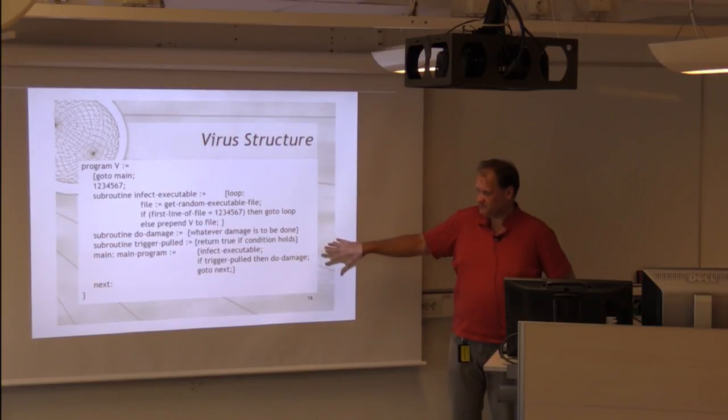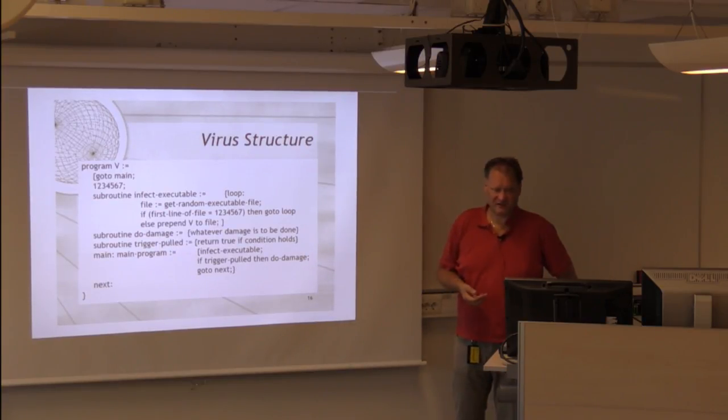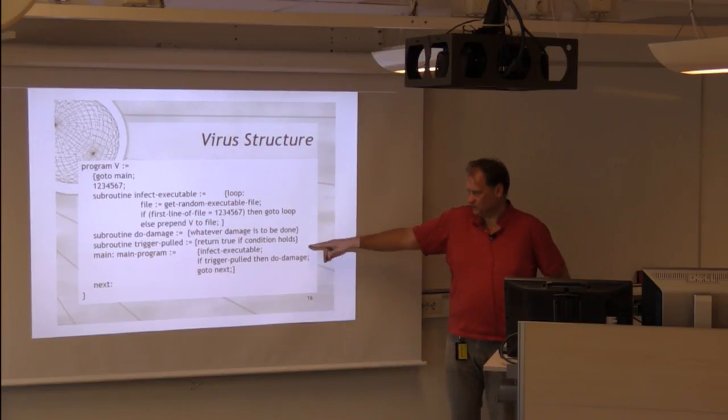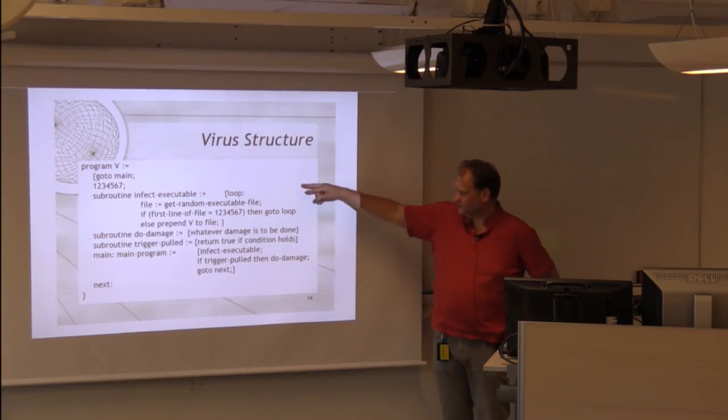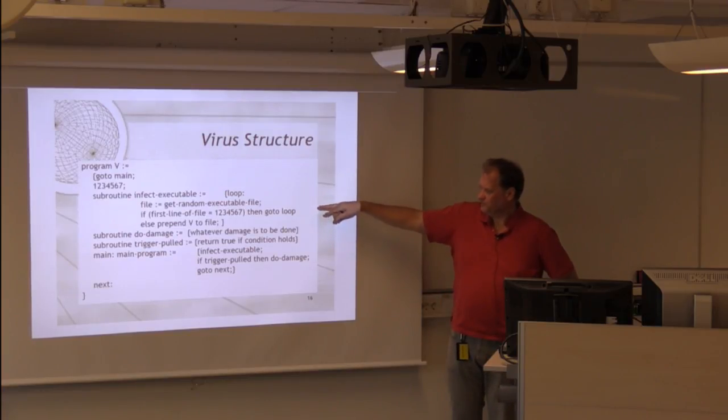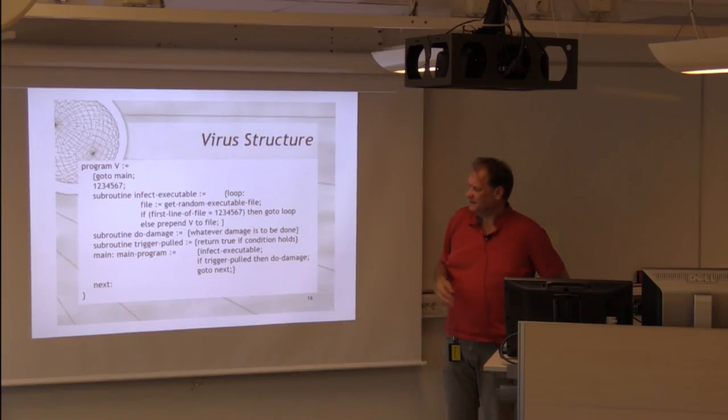So actually this simple example doesn't have a dormant phase. Immediately when we get into a system and have a chance to be executed, we try to infect. And if we go to infect, what we do here is we loop around looking for random executable files in the system.